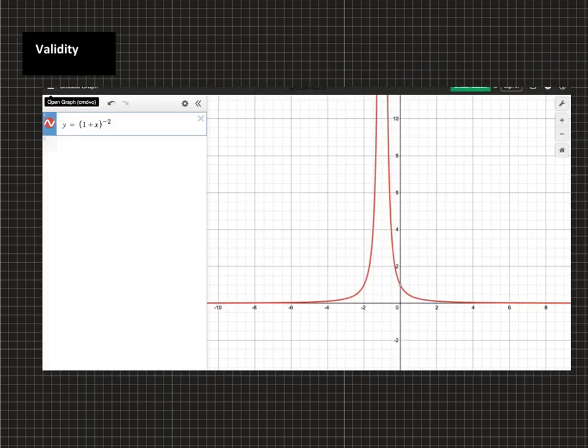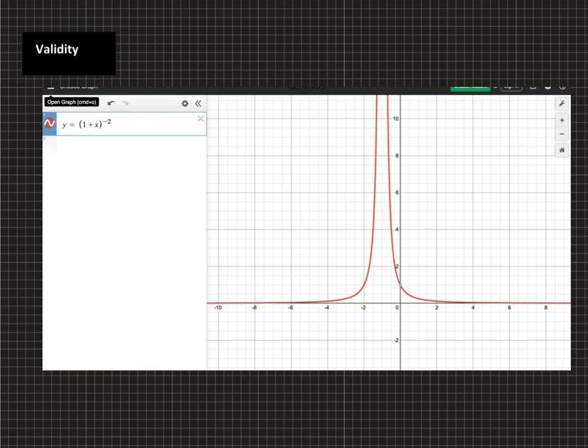So we're going to explore validity conditions in a little bit more detail, and also the expansion itself and what it actually means. We'll take this from a graphical perspective. So here is the graph of y equals 1 plus x to the power of negative 2.